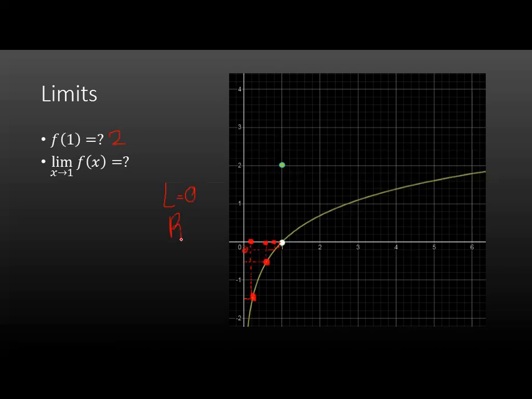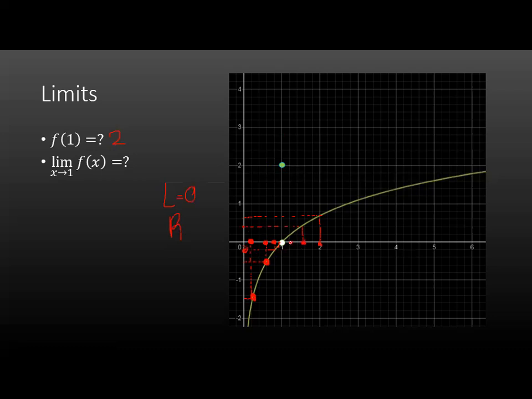Now, how about on the right side? Let's just say we start at 2. 2 is actually here, and it has a y value that is close to 1, but far from 0. How about this one though? The y value of this is close to the midway of 0 and 1.